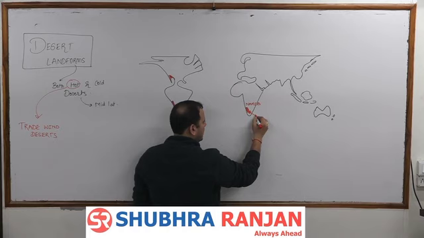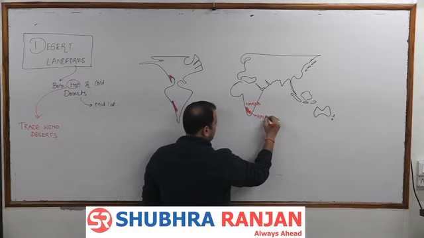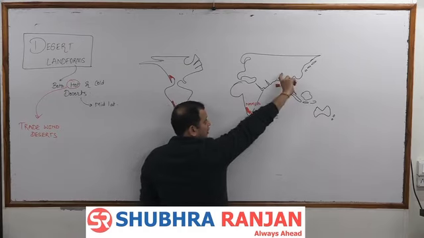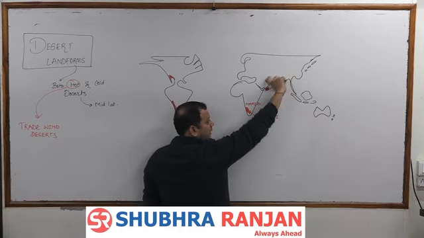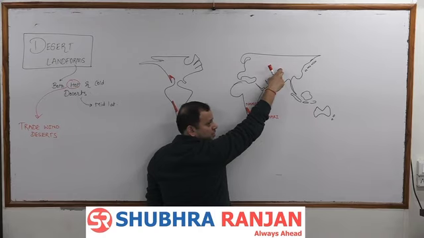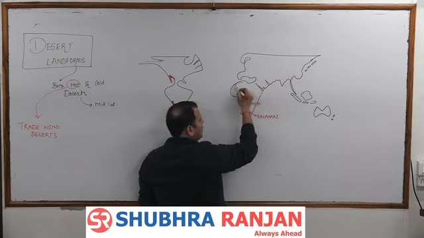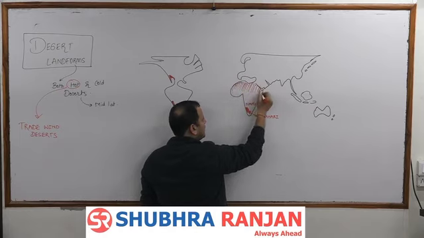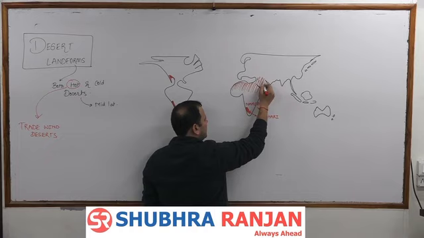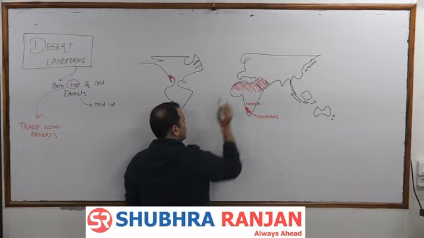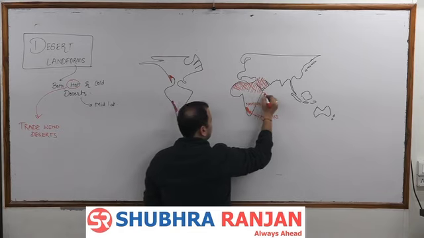This is the Kalahari desert. Now you understand, because Asia and Africa are met, यहाँ पे trade winds है. So till the time trade winds यहाँ पे they are originating, they don't have any moisture. So even if they come here, they cannot give rainfall, and therefore we have the largest desert in the world, which is known as Sahara desert, and it is extending into West Asia also. So this is the Sahara desert.